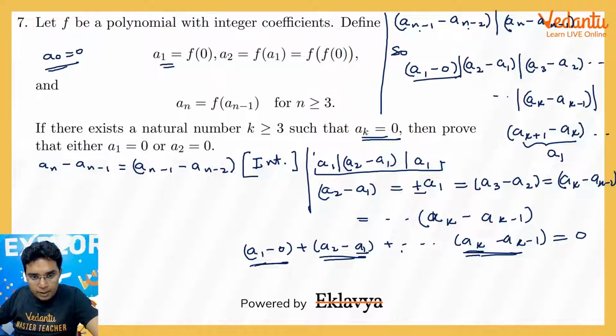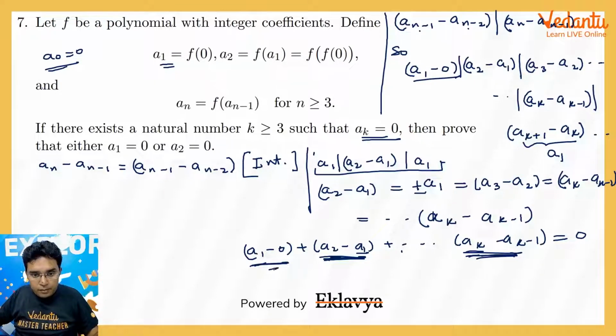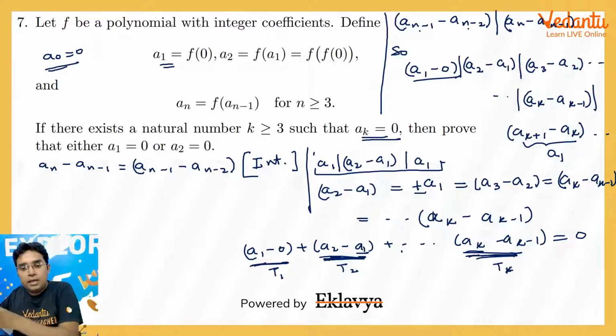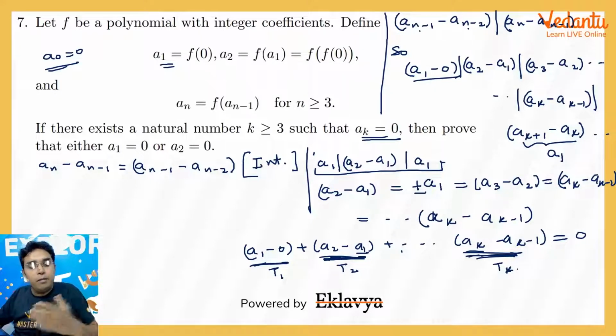What I'm claiming is that some of them will be a1, some of them will be minus a1. If I call this the first term, this the second term, and this the kth term, then among these 1, 2, 3 up to kth term, there will be two consecutive terms. One of them would be a1 and one of them would be minus a1.